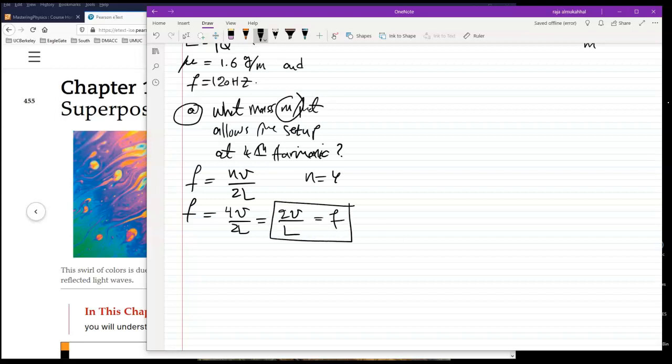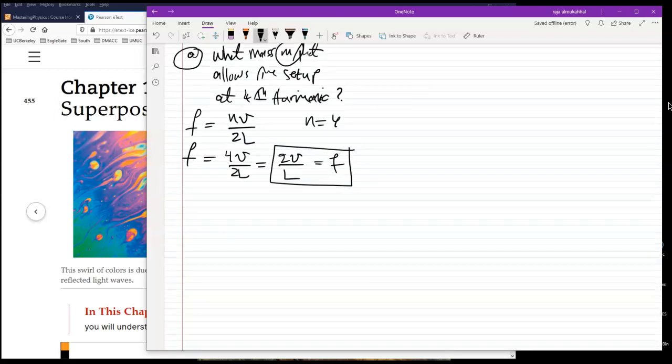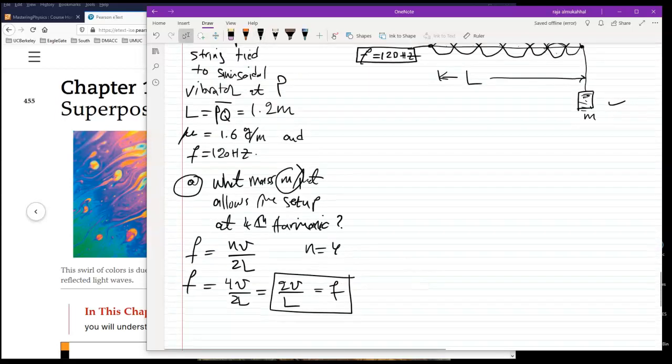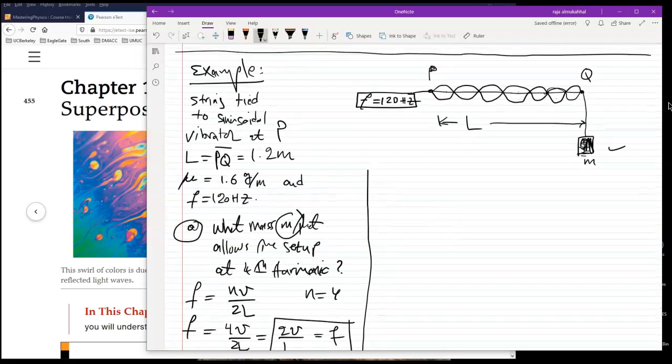Okay, and we know the velocity, maybe I should put it here. Since he gave me the linear density, I need to find a way to link the mass with the tension. Well, how is that happening? Here is the mass, it's mg, right? And here's the tension, T, right? So T equals mg.